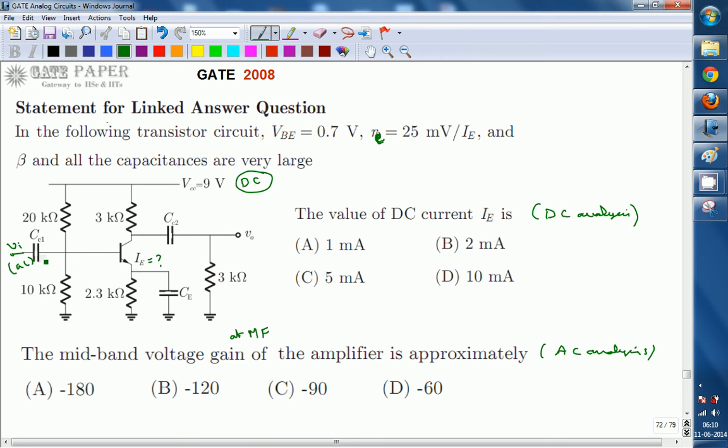The superposition theorem says that the overall response is the sum of the responses due to individual sources. Whenever you consider one individual source, all other sources must be nullified.